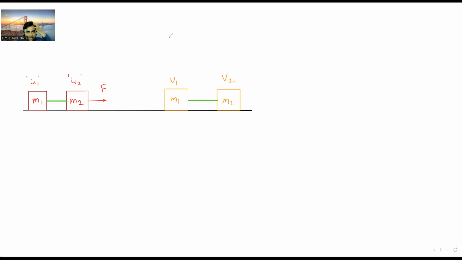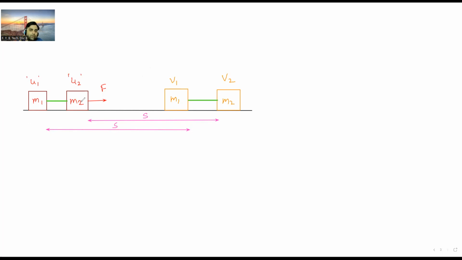Now the displacement, if I show here. For this block of mass m2, the displacement is this one. This is the displacement s. And whatever displacement this one has, the same displacement will be of m1. If I see here m1, the displacement of m1 will be this much, and this displacement is also s, because these two blocks are connected blocks.